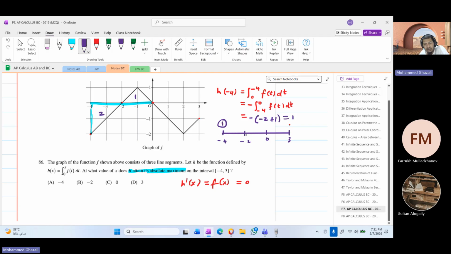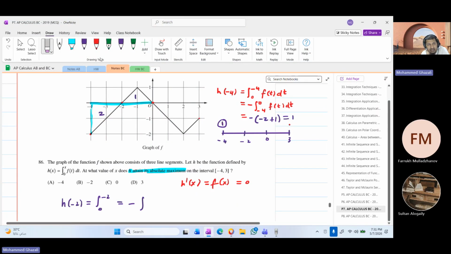Now, next one we need to evaluate. What is H of -2? Because I'm trying to find the absolute maximum, right? So H prime -2. Because when is f of x equal to 0? It's either -2, 0 or the endpoint. So now what's H of -2? It's the integral from 0 to -2, which basically equals negative of the integral from -2 to 0, switching this around and taking a negative.